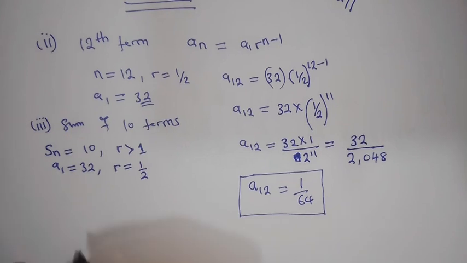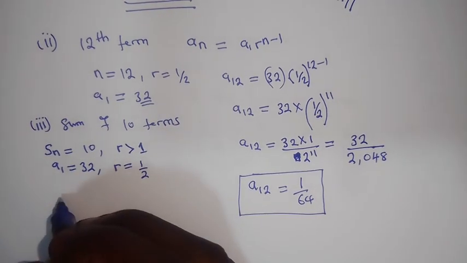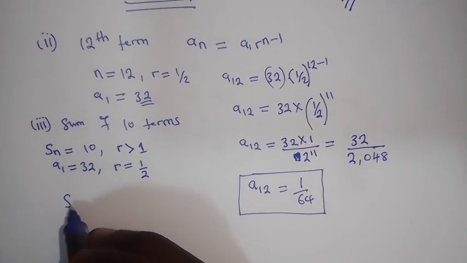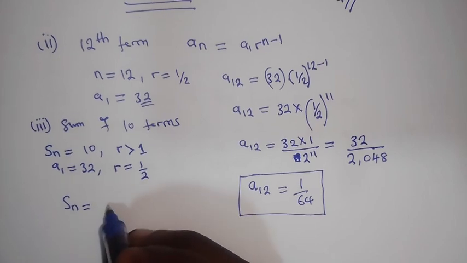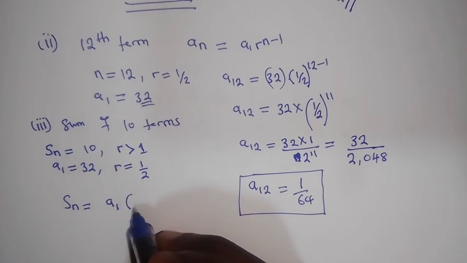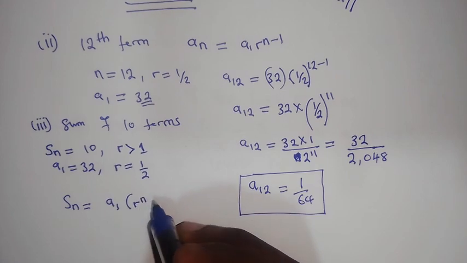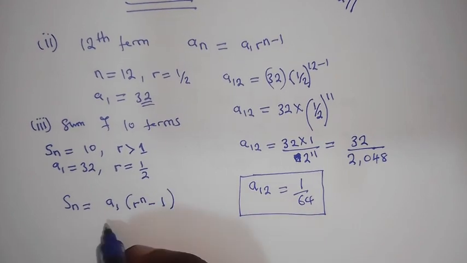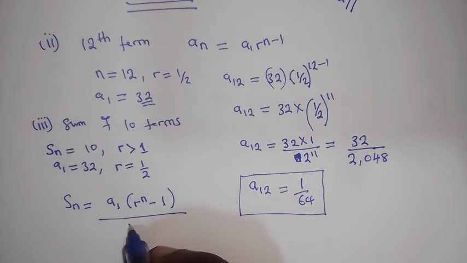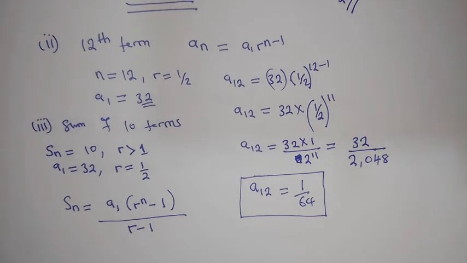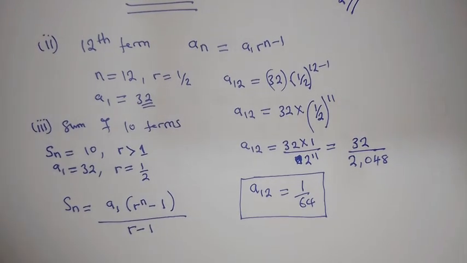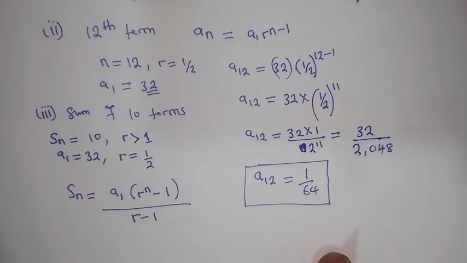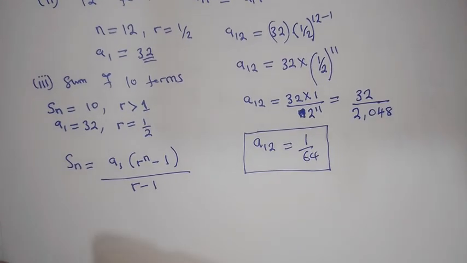So from there we can use the formula Sn is equal to a1, open bracket, r to the power n minus 1, divided by r minus 1. From there it's just a matter of replacing.